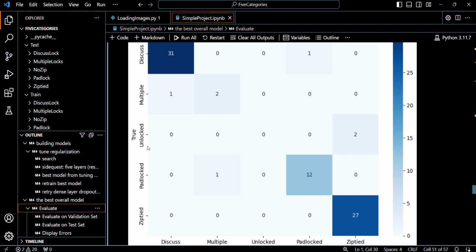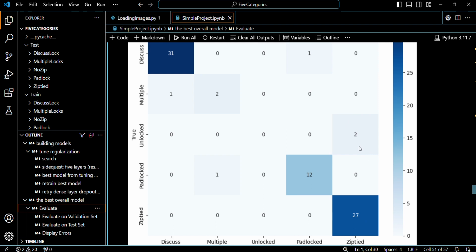Units that were unlocked, that did not have a zip tie. I think that's right. So it just totally whiffed. It did not predict the label unlocked for any units. It just didn't recognize them. Probably because it doesn't distinguish between unlocked and zip tied.